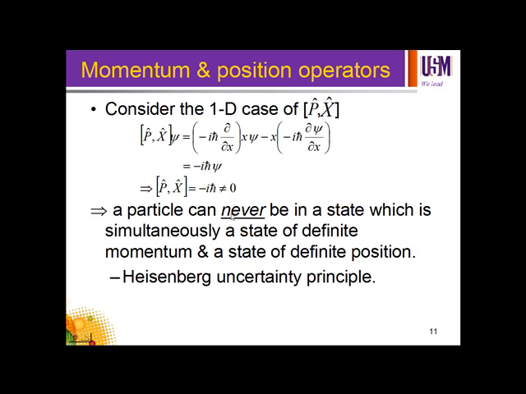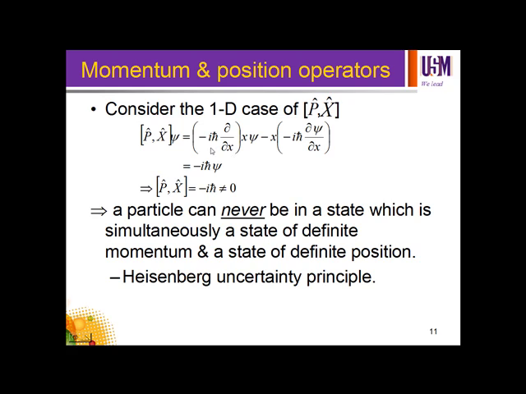Let us check on the momentum and position operators. Consider the one-dimensional case of momentum operator and position operator, that means P and X. Then we have operator P commute with operator X multiplied by psi equal to, then we put in the definition of the operator.